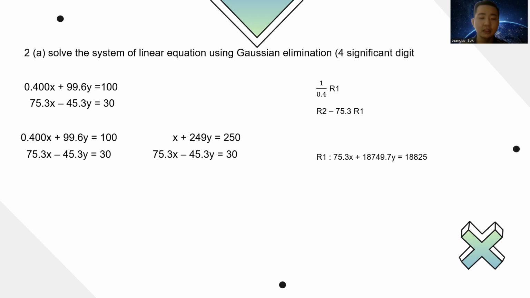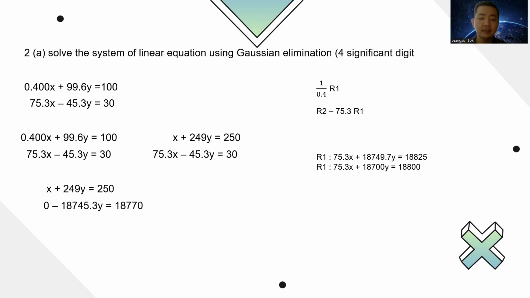You will see that we get 35.3x plus 18,749.7y is equal to 18,825. But remember, we only use 4 significant digits, so the remainder we will get 725.3x plus 18,800 and 700y, and the second part also rounds off to 18,800.